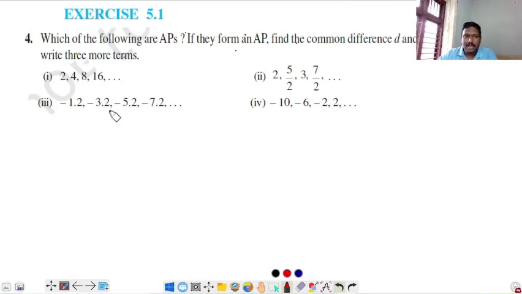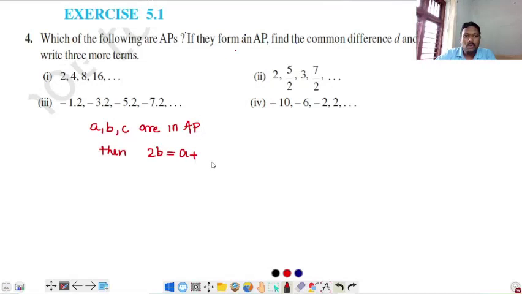I will give you one important formula: if a, b, c are in AP, then 2b is equal to a plus c.